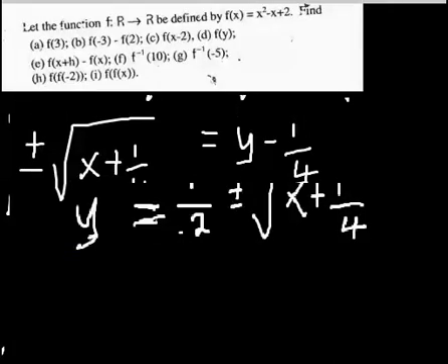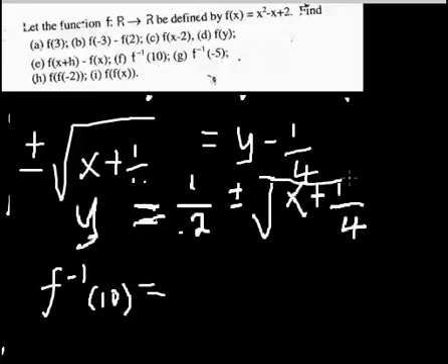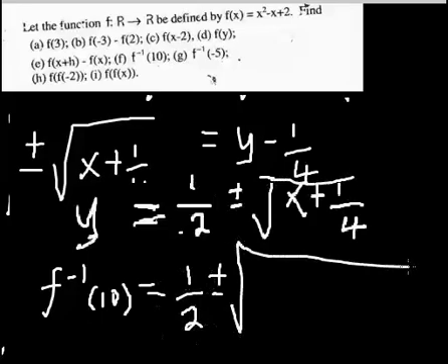So the question was for me to actually evaluate f inverse of 10. So now this is of course my f inverse. All I need to do, any place I see x, I'm putting 10. So that's going to be 1 all over 2, plus or minus the square root of 10, plus 1 all over 4.